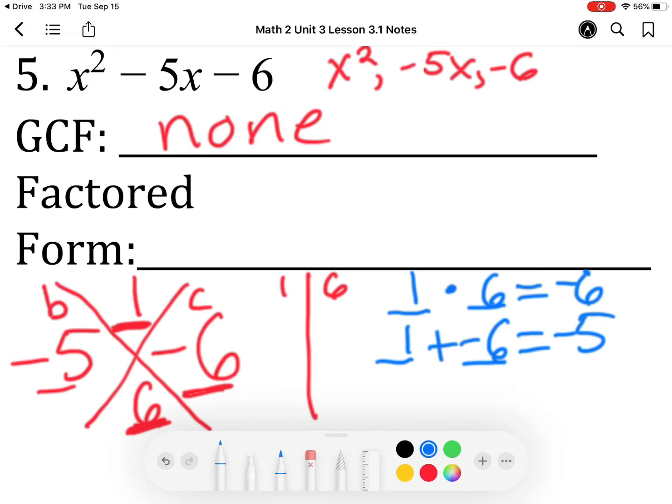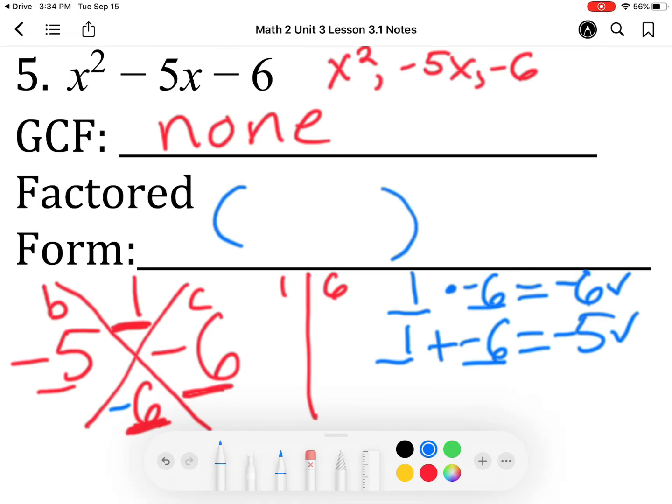What if we had negative 6? 1 plus negative 6 does give us our negative 5. So that means we've got to check our multiplication. Positive times a negative is a negative. So that does give us our answers and what we want.